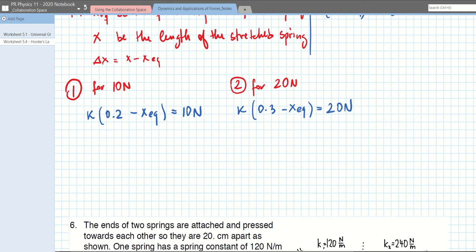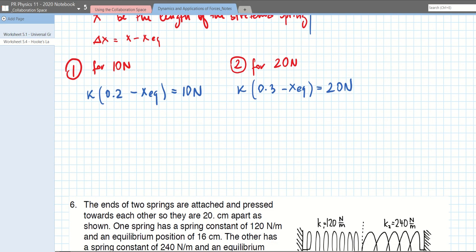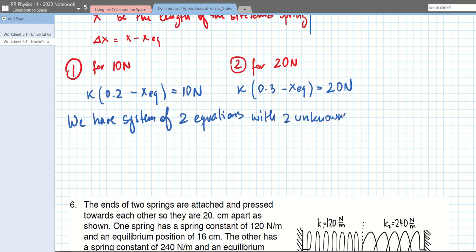So the next step is to use substitution to solve it. Now what you can do is expand this and solve for one of the variables, let's say k, or x equilibrium. Doesn't matter which one you solve for. So we have again a system of two equations with two unknowns, which in this case are k and x equilibrium.